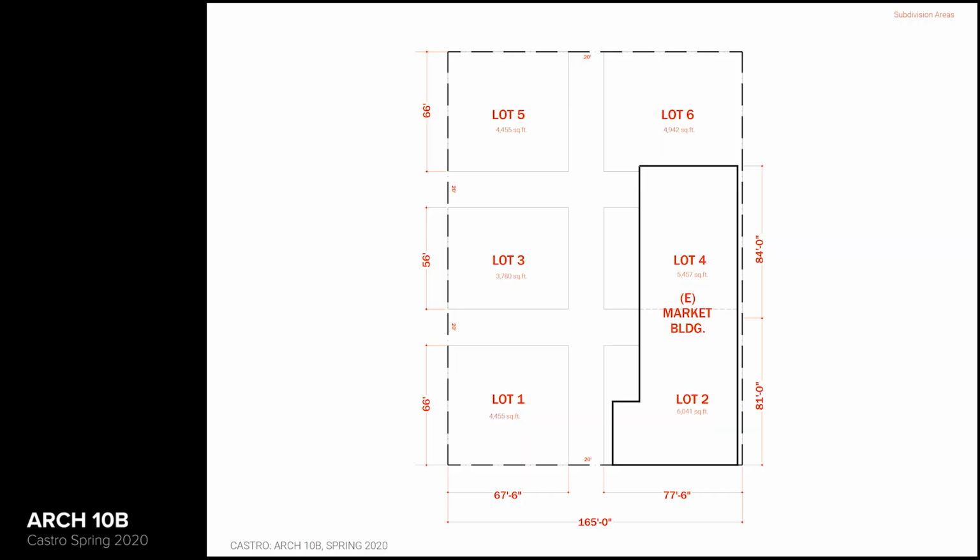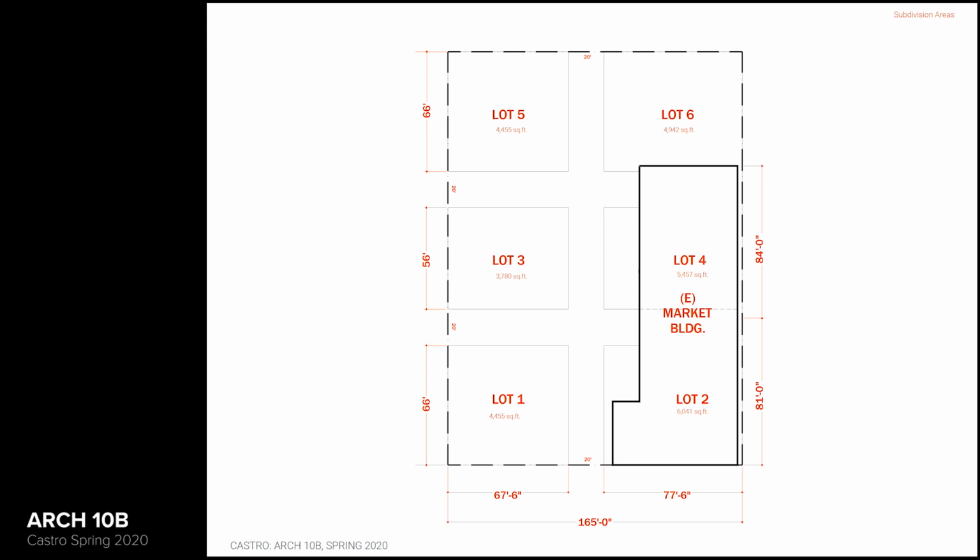Now, there's going to be 4 lots where you're working in the open area, and there's going to be 2 lots where you're required to work with the existing market building. And that is lot number 2 and lot number 4. And each lot has a different square footage assigned to it, depending on the variation of the sizes. And each lot is subdivided with 20-foot streets coming across the site.